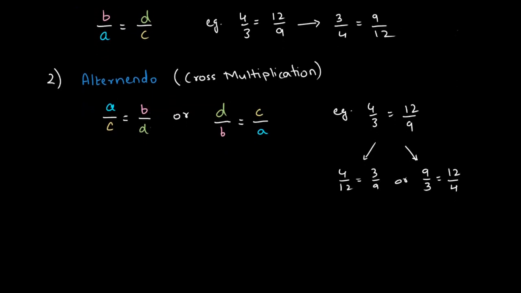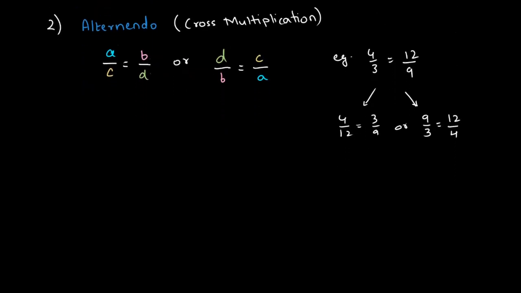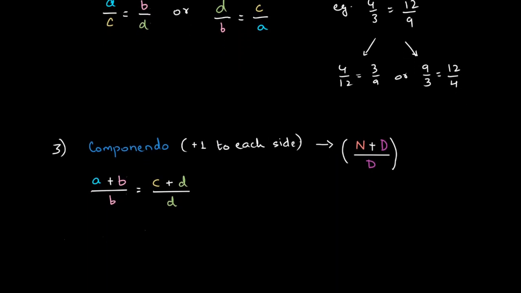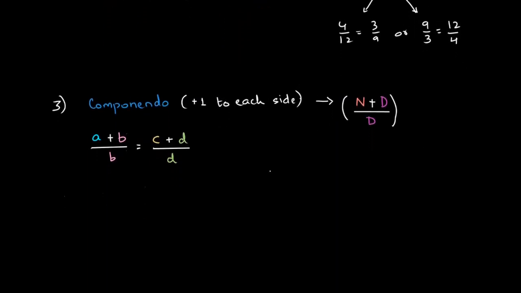Moving on, our next property is componendo, right? Componendo is basically the procedure of adding 1 to each side of the equation, and what we get then is of the format numerator plus denominator upon denominator. Continuing with our example, suppose I have again 4 upon 3 is equal to 12 upon 9, and I apply componendo over here.